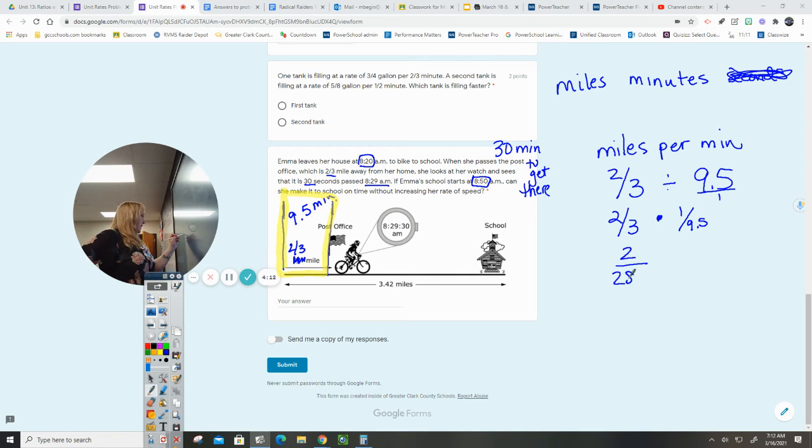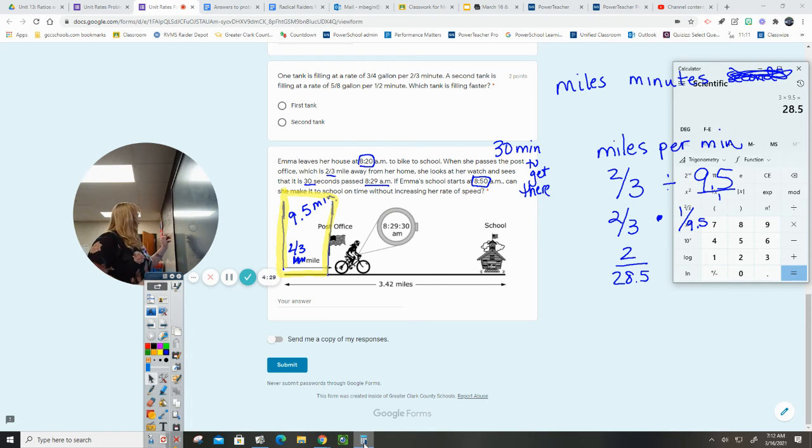Two over 28.5, which seems very, very strange. I will probably still just use the calculator for this. I'm going to do 2 divided by 28.5 equals 0.07. Yep, that's what we got.